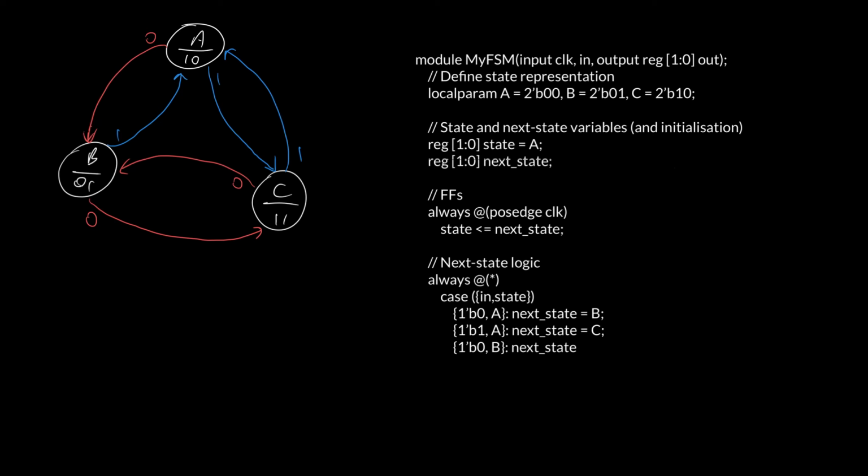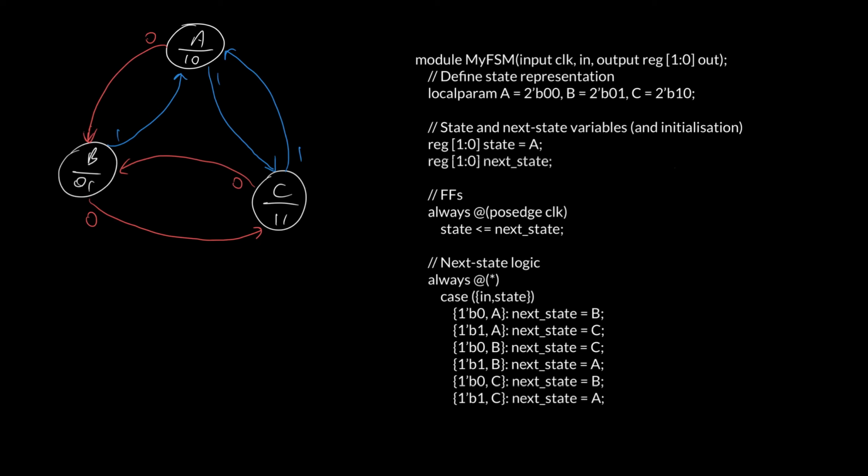The red arrow coming out of state B takes us to state C. If, however, the input were a 1 and we were in state B, then we look at the blue arrow and we see that the blue arrow takes us from B to A. If the input is a 0 and we're in state C, the red arrow going out takes us to state B. And if there's a 1 at the input, it means we follow the blue arrow from C. If we take the blue path, then we end up in state A.